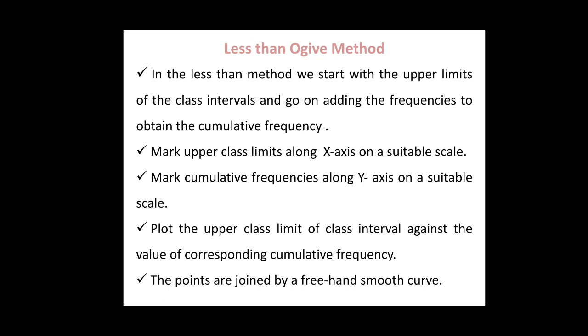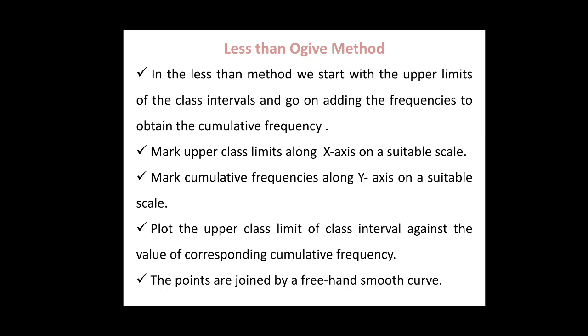In the less than method, we start with the upper limits of the class intervals and go on adding the frequencies to obtain the cumulative frequency. That is, we add the frequency of the first class to the second class frequency and then to the third class frequency and so on. Or we can say that the frequencies are cumulated from above.